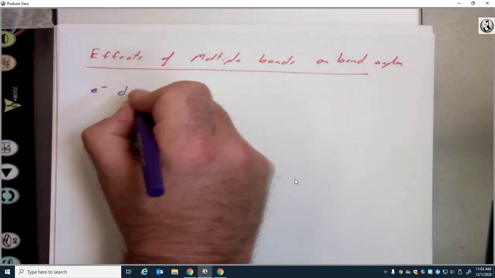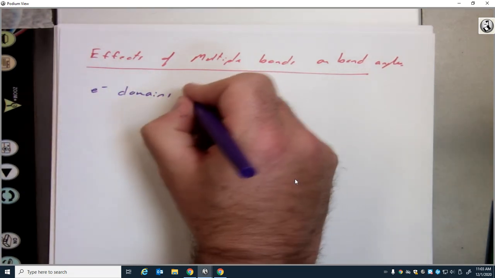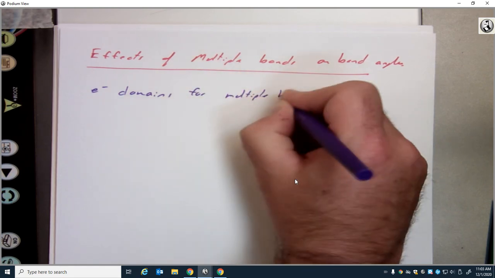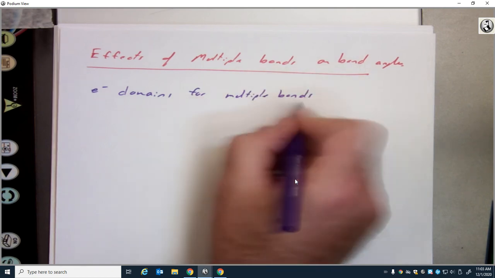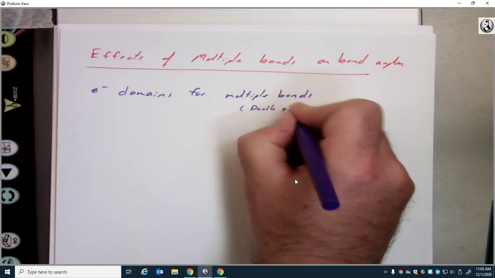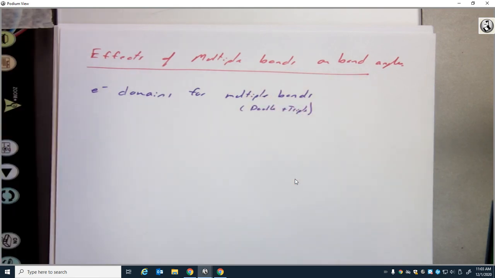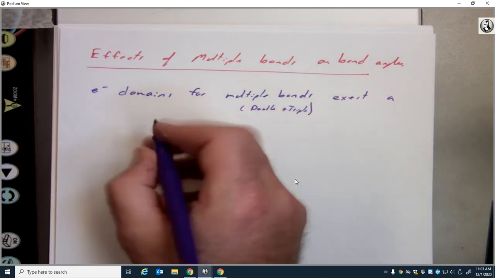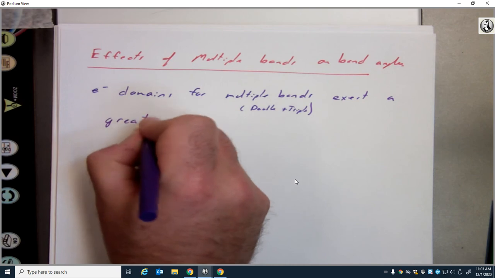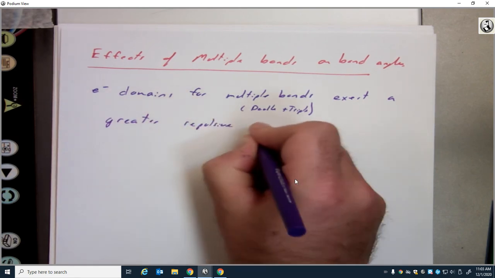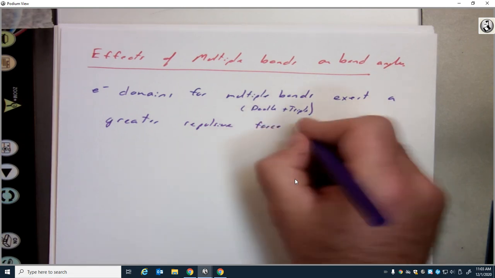So the electron domains for multiple bonds, what do I mean by multiple bonds? Doubles and triples. They exert a greater repulsive force than single bonds.